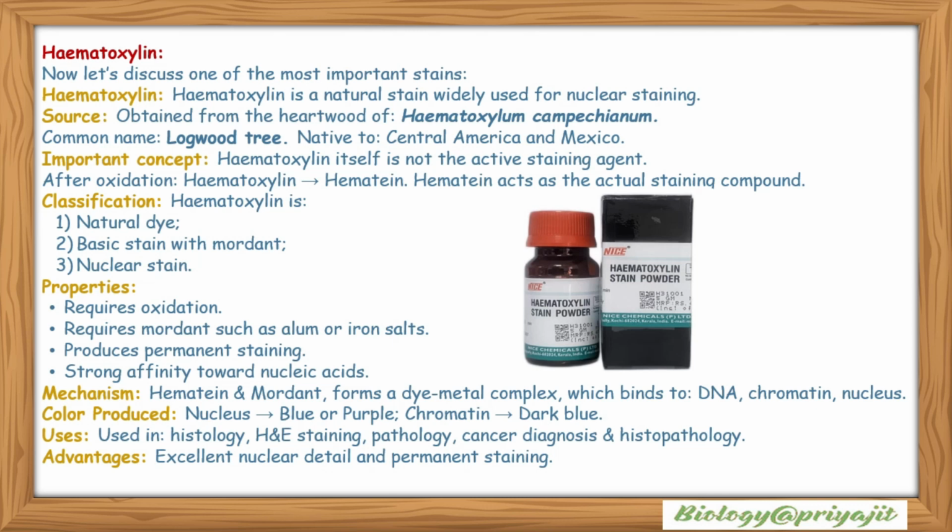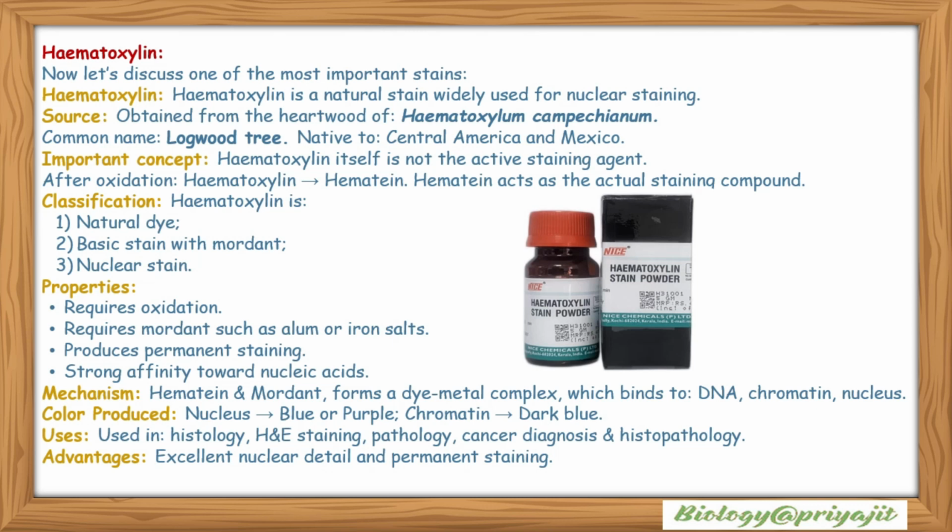Classification: haematoxylin is a natural dye. It's a basic stain with mordant. It is a nuclear stain. Properties: it requires oxidation. It requires a mordant such as alum or iron salts. It produces permanent staining. It has strong affinity toward nucleic acids. Mechanism: hematine and mordant form a dimetal complex which binds to DNA, chromatin and nucleus.